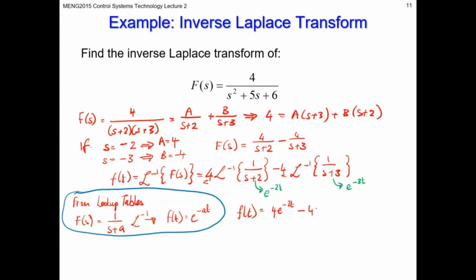So it's going to be minus 4 e to the minus 3t. And that's what we're looking for there. All right. So we basically solved that inverse Laplace transform there.